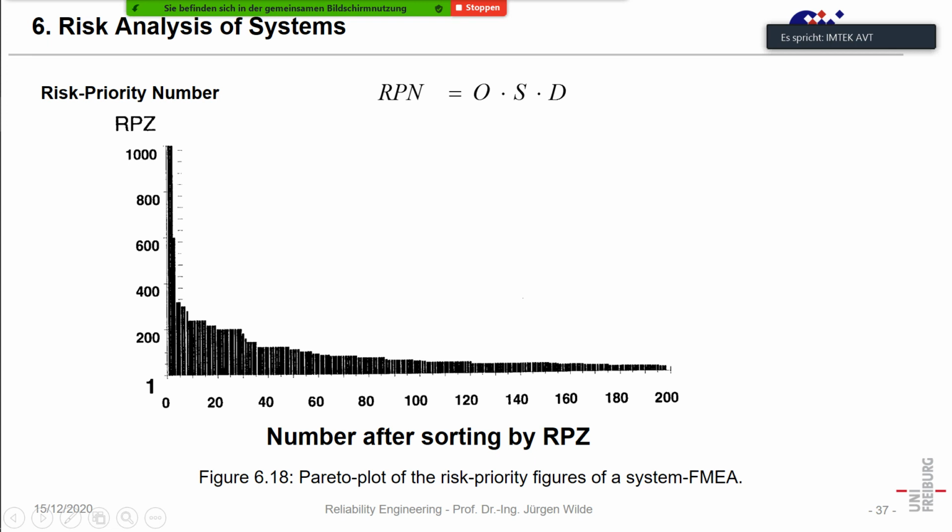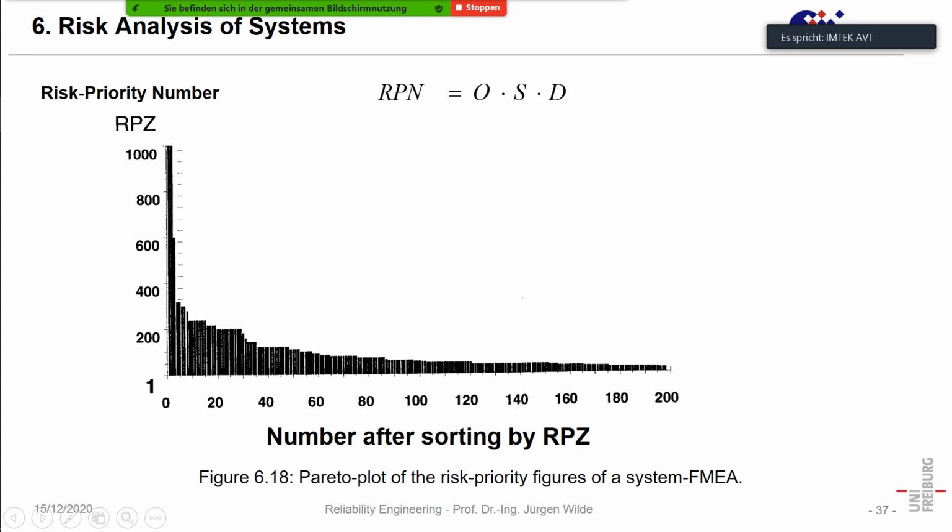Of course, it makes sense to start with the failures and faults which have the highest risk priority number. Yeah, so here 1,000, that is, you could say, that's a deadly failure. Of course, that's the one you must eliminate first, and then you go to the less harder ones, and so on until you end up here.